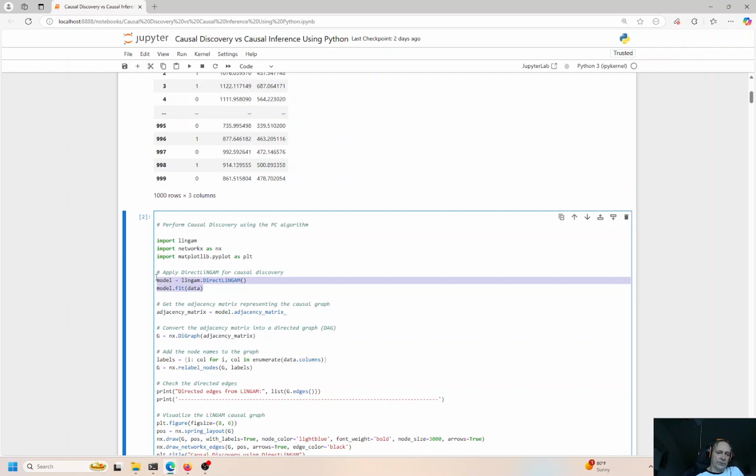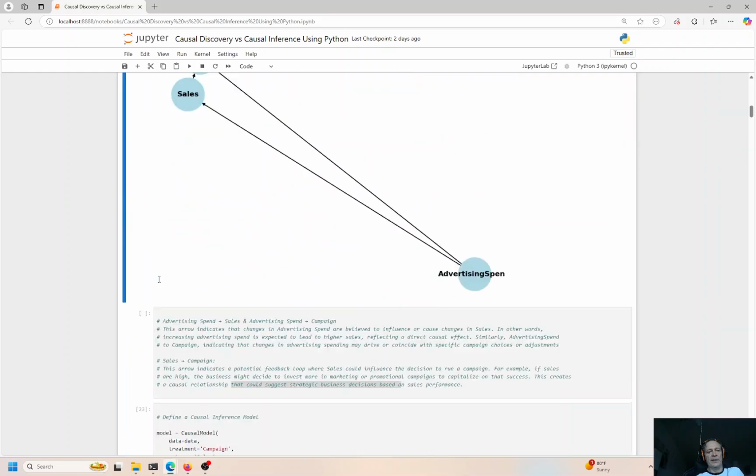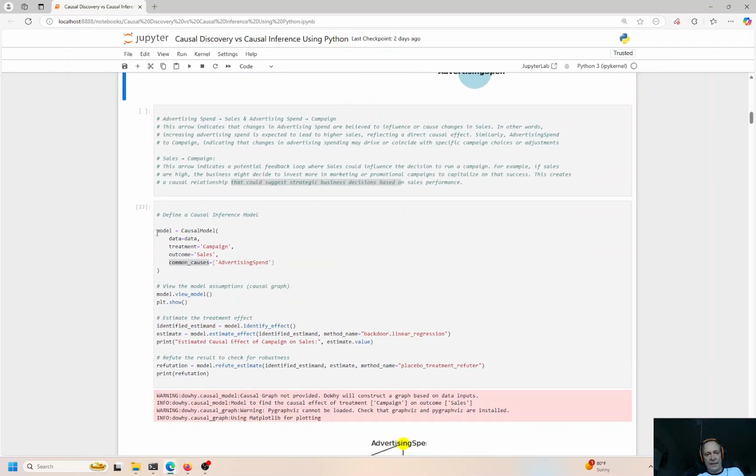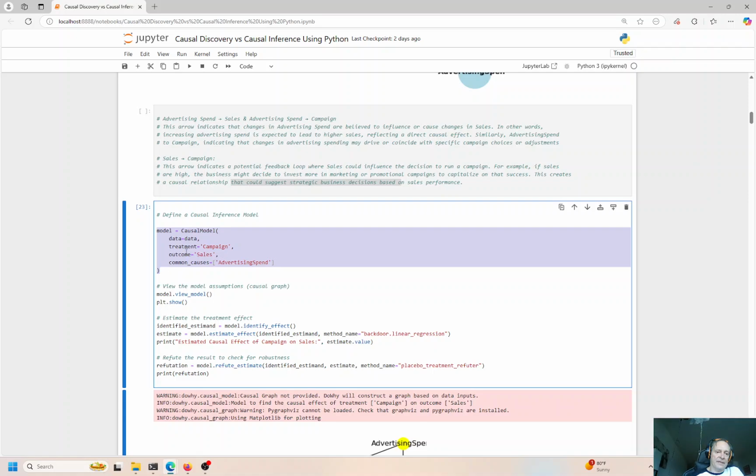You're not directing the model what to do, right? The model is trying to determine if there's a relationship, and there is, right? Now we know what the relationship is. So this model is a little bit more sophisticated, where we're doing a little bit more work and customization here, because we're specifically telling the model, okay, this is the treatment, the outcome, and the common cause.